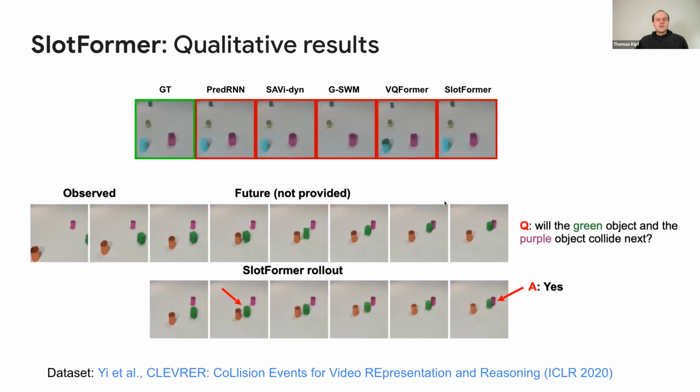And lastly, these are some results from CLEVRER, where some of those baselines produce either visually pretty coherent results, but then objects switch identity over time, or they start to blur out over time or have inconsistent dynamics. Whereas in SlotFormer, we get a pretty faithful representation of the ground truth evolution of the system.